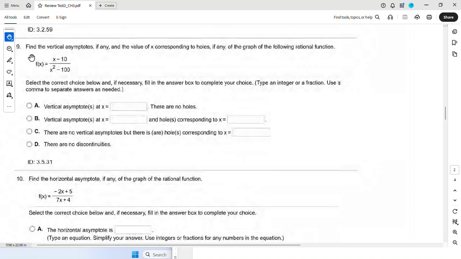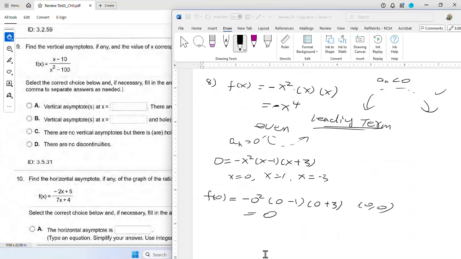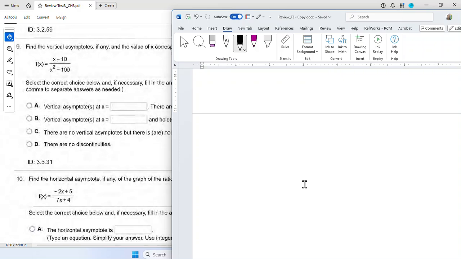Okay, number 9 here is to find a vertical asymptote. You have to be very careful because this one has a common factor. All right, this x squared minus 100, we will need to factor into x plus 10 times x minus 10.